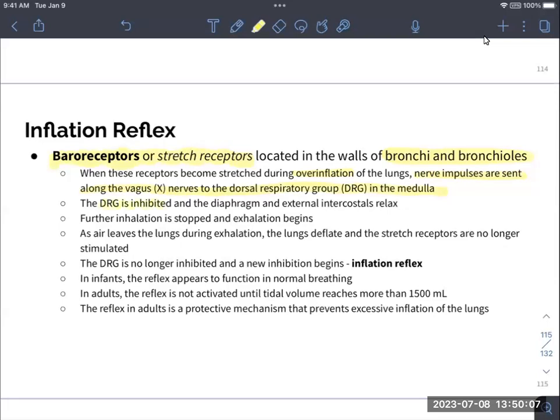It inhibits that dorsal respiratory group, and it causes our muscles to relax. It actually stops further inhalation. It causes you to start exhaling. As your lungs deflate, those stretch receptors are no longer stimulated, so that dorsal group is no longer inhibited.